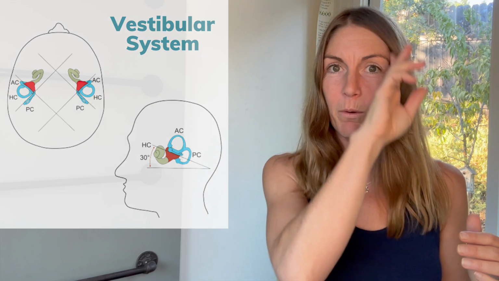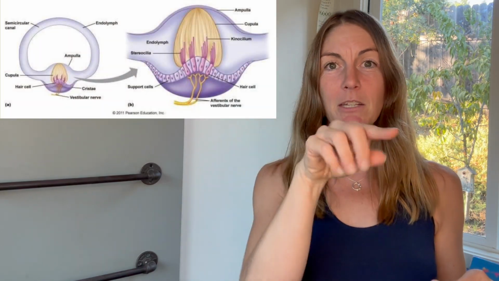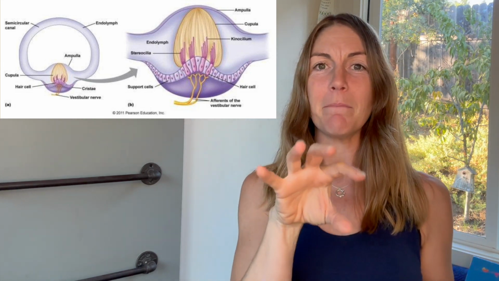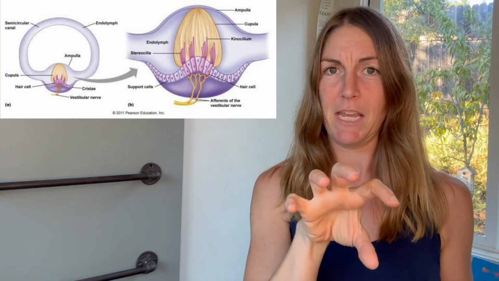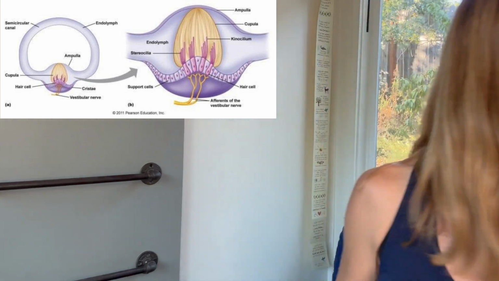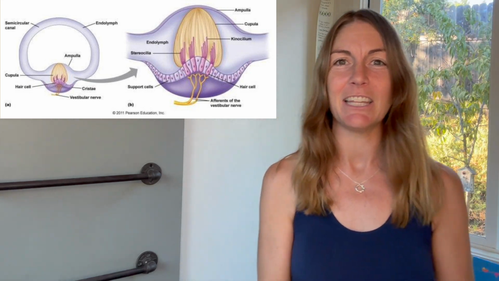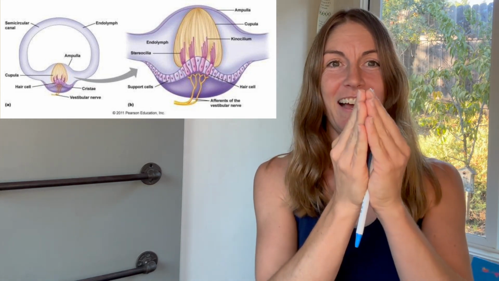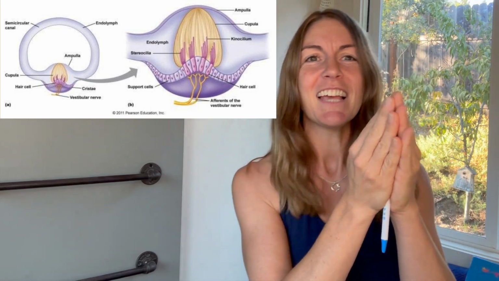How do they work? Well, they are filled with fluid. You've got this circle happening here, filled with fluid, and at the bottom is this little round thing. This is called the ampulla. Inside the ampulla is a little sail-shaped piece of anatomy called the cupula. It looks like a little cup, I guess.